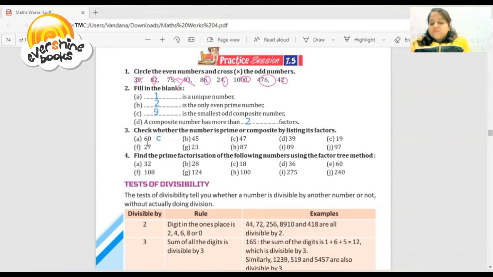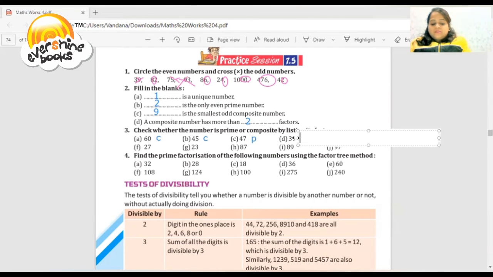It is fully divisible by 5, 15 and 30, 60. So it's your composite number, and 45 is also your composite number, and 47 is your prime number because it comes only in its own table and in one table.